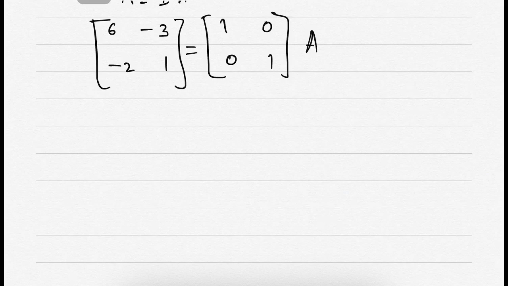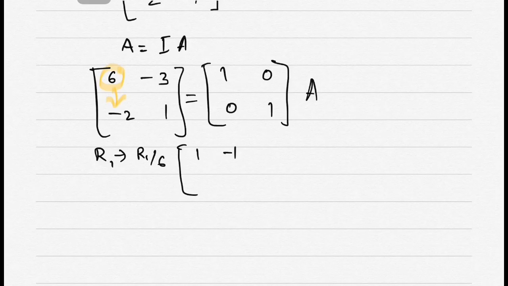Here the pivot element, that is the first element of the leading diagonal, is 6. We have to make this 1 and all the remaining elements below this 0. So we can divide R1 by 6 so that the first element of the first row becomes 1.